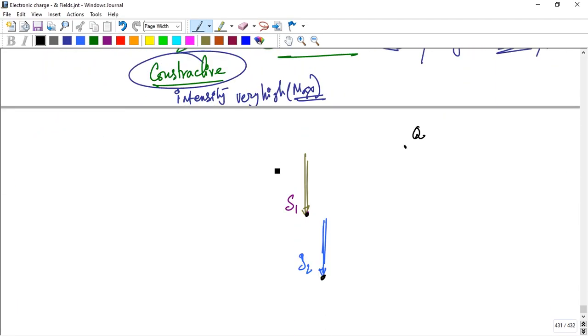So here the displacement looks like this, and another looks like this. The two waves look like this, and now the diagram looks like this.